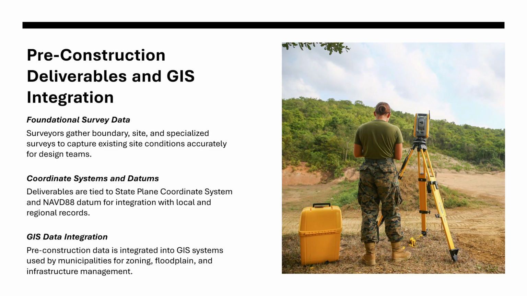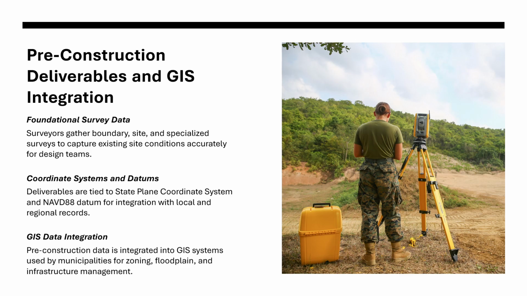This is the stage we emphasized in Lecture 6, capturing existing conditions so that designers can build upon a reliable record. In Texas, these deliverables are often tied to the State Plane Coordinate System and the NAVD 88 datum, ensuring that the site can be tied into local and regional records.